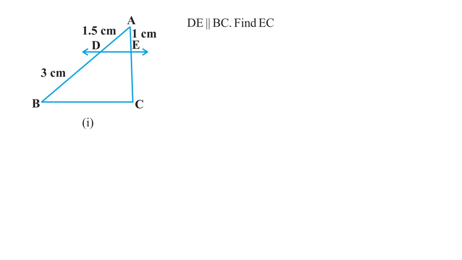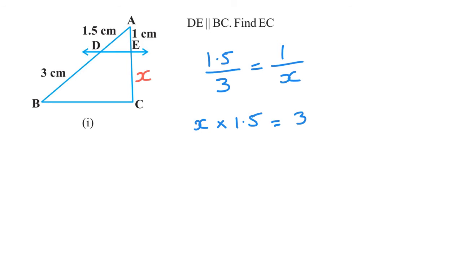Let's try this problem. If DE is parallel to BC, find EC. Let us label EC as X. We know that according to the theorem, if DE is parallel to BC, then 1.5 over 3 is going to be equal to 1 over X. Now cross multiply: X times 1.5 is equal to 3.